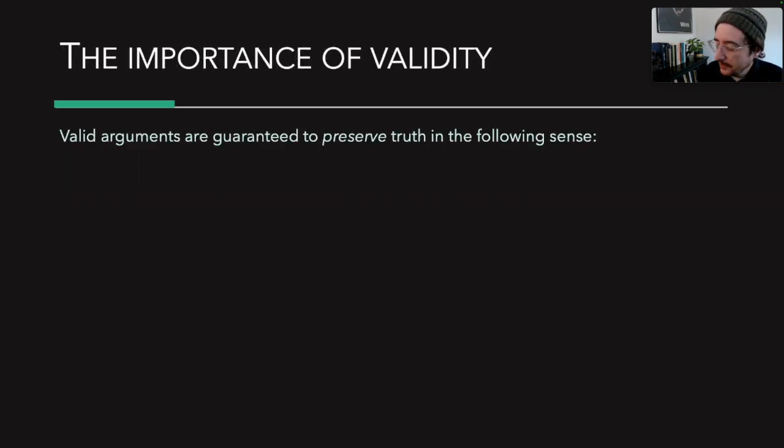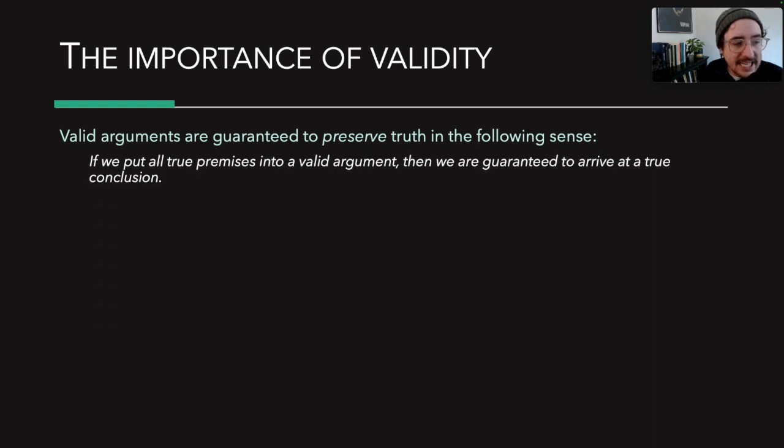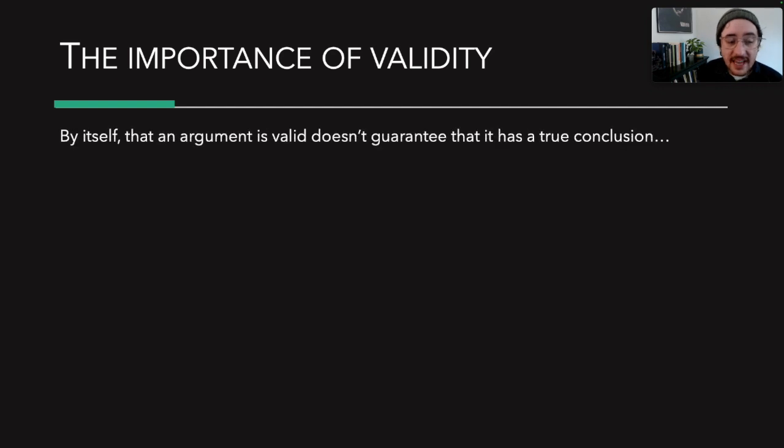Now, one reason validity is important is because valid arguments are guaranteed to preserve truth. What I mean by that is that if you put all true premises into a valid argument, then you are guaranteed to arrive at a true conclusion. Of course, as I've said, the mere fact that an argument is valid does not guarantee that its conclusion is true.